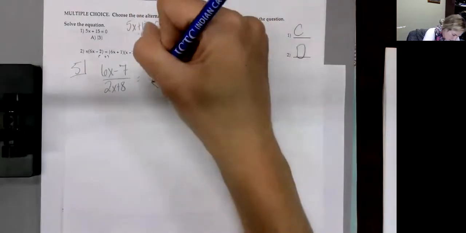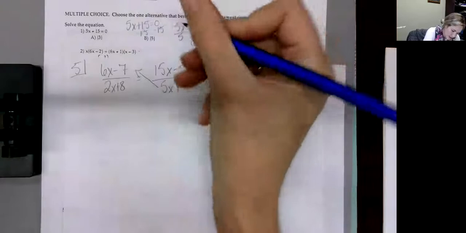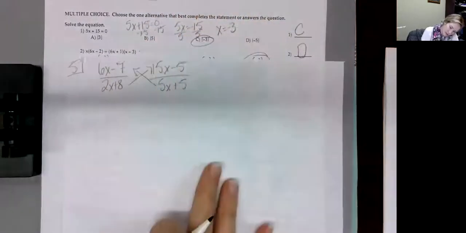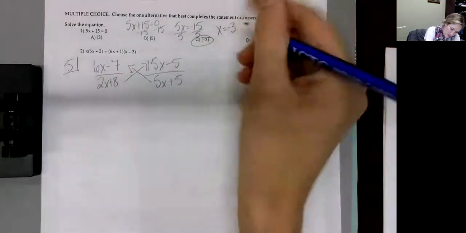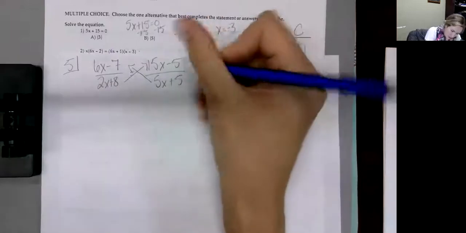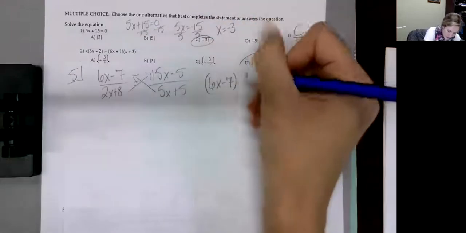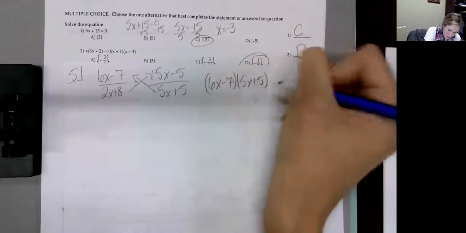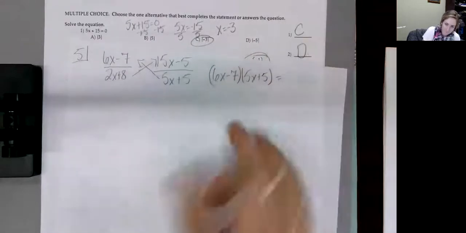We're going to do 5x plus 5 times 6x subtract 7 and 2x plus 8 times 15x subtract 5. There's a couple of different ways you could work this one out though. But since we're not adding or subtracting anything on the outside, this will prove to be the easiest way.